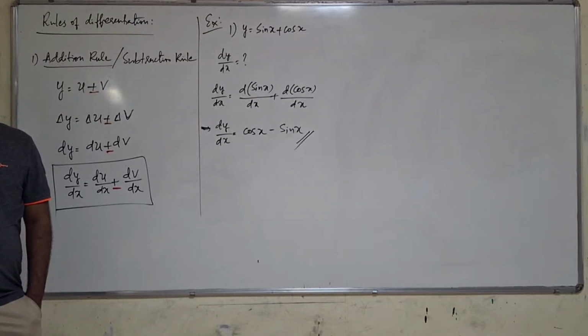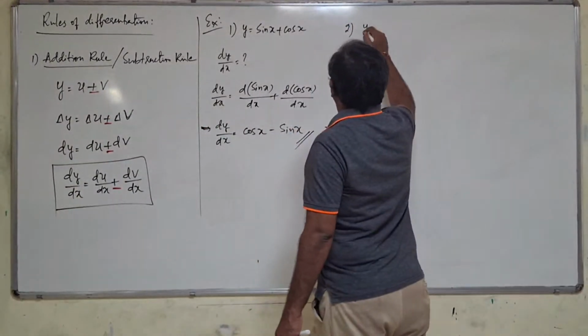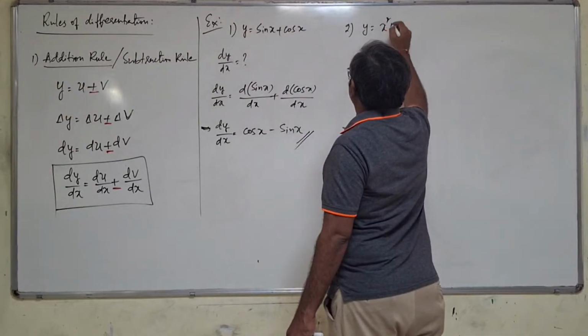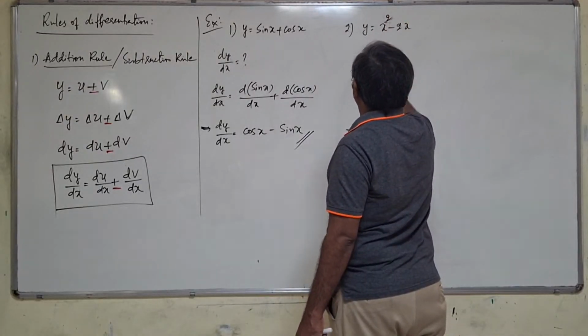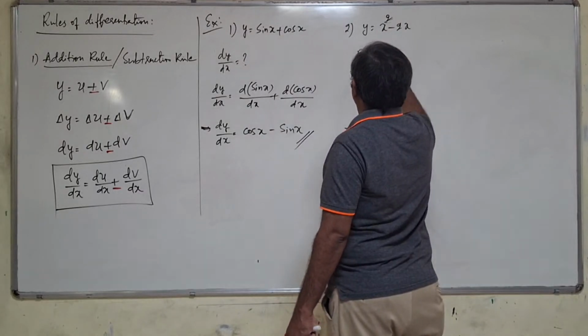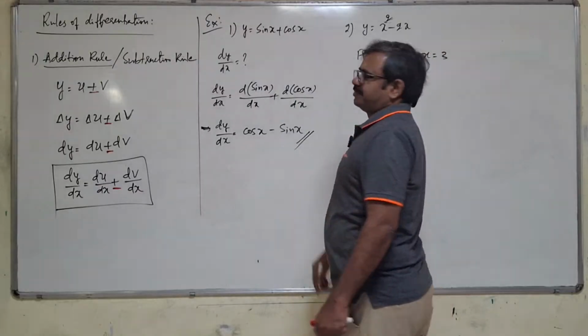You understand this? Similarly, if there is a negative sign, let's take one more example. Y is equal to x square minus 2x. Find dy by dx at x is equal to 3. Do it.